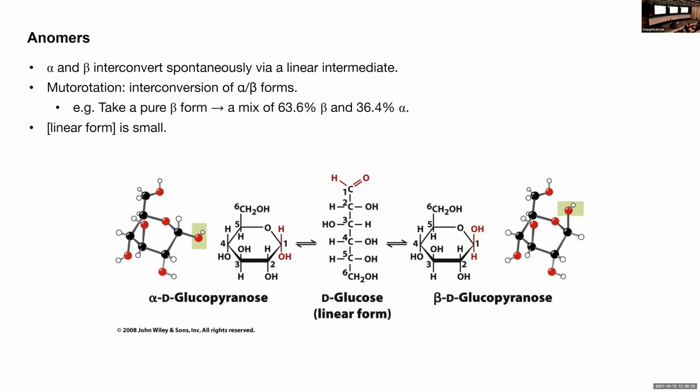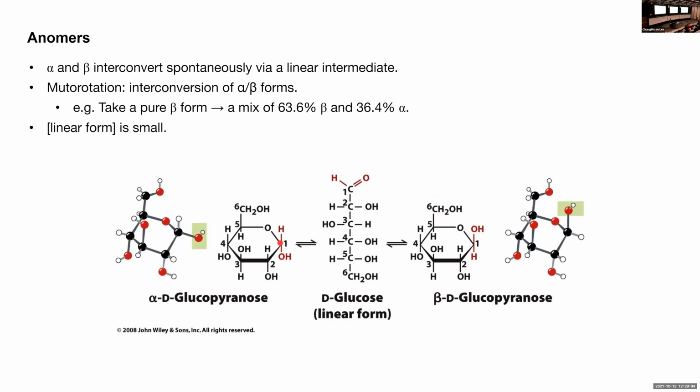I know it's a lot of definitions, but it will be really important to further understand sugars, their structures and functions later on. So we kept talking about the anomers. Hopefully we covered this and we're on the same page in terms of what the anomers are, how we can tell whether this is the alpha or beta form, how we can identify the anomeric carbons and so on. And anomers can interconvert between alpha and beta forms spontaneously, and they always have to go through this linear intermediate.